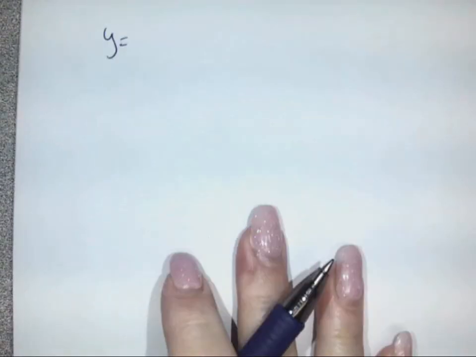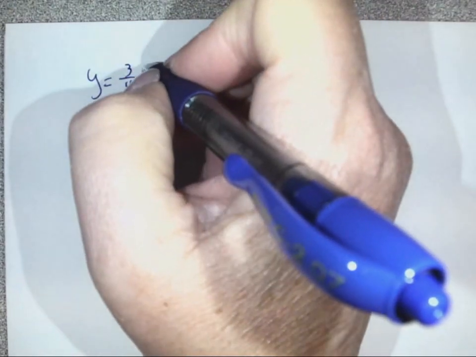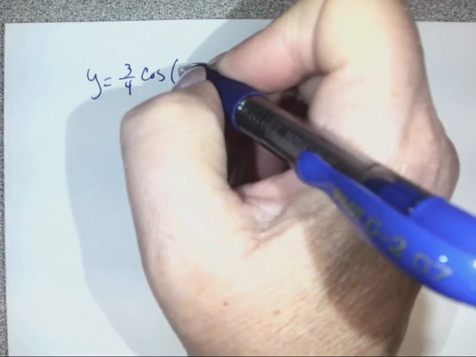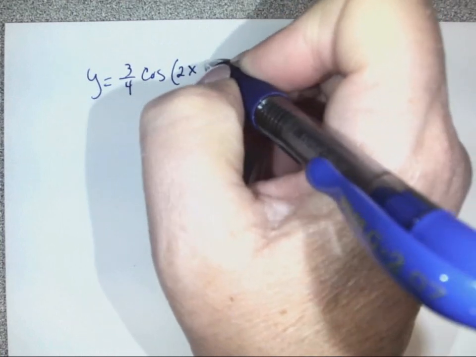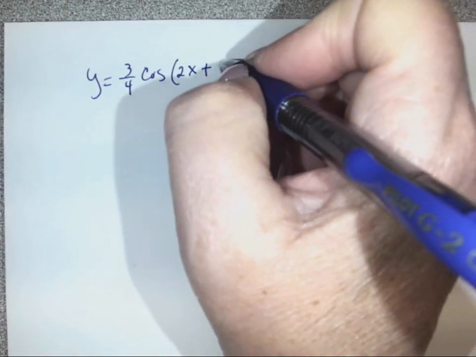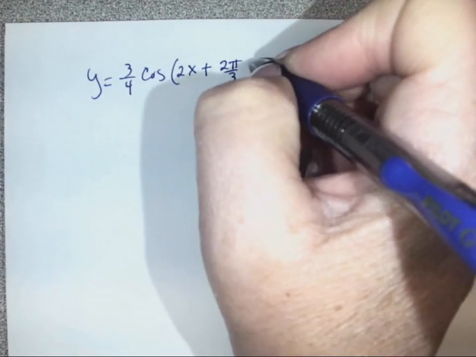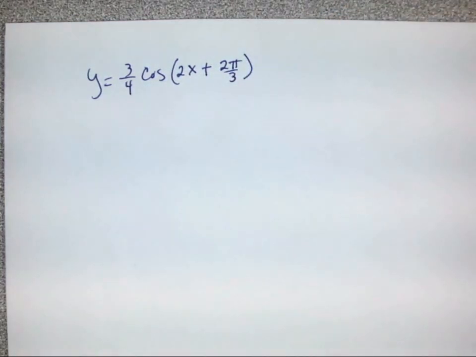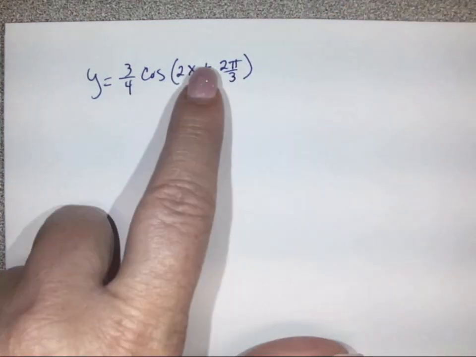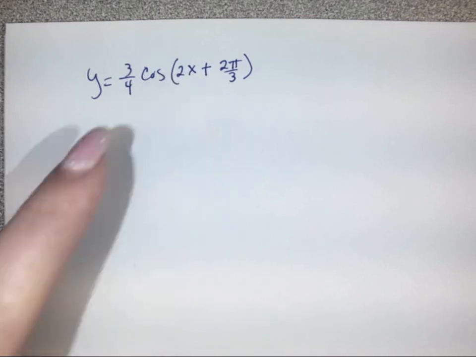y is equal to 3/4 times the cosine of 2x plus 2 pi over 3. Well, we need this x to be on its own.